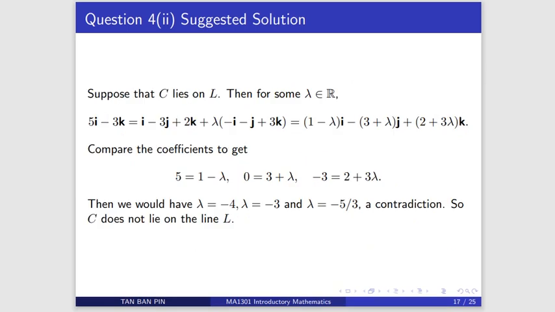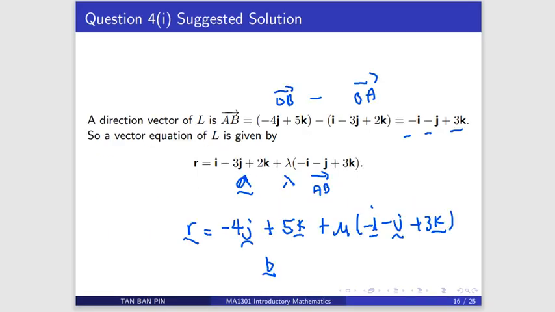In part 2, you are supposed to show that C doesn't lie on the line L. You can do it by assuming, suppose C lies on the line L. If C lies on the line L, then you will find that vector OC must be equal to i minus 3j plus 2k plus lambda times minus i minus j plus 3k for some lambda. Remember, the equation of the line we have found is this one.